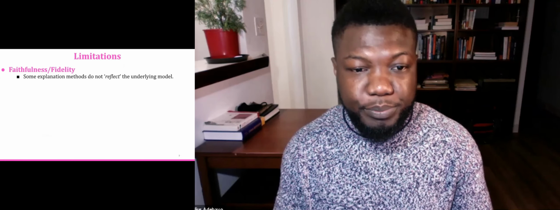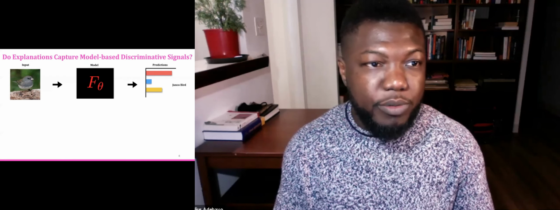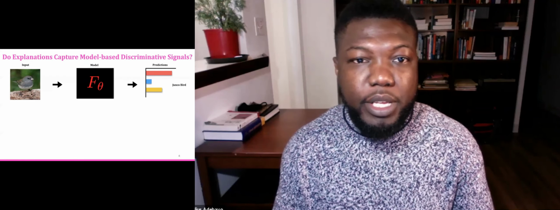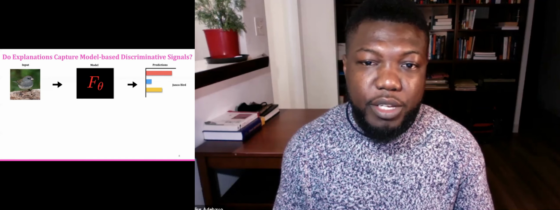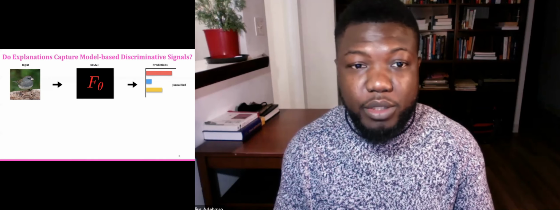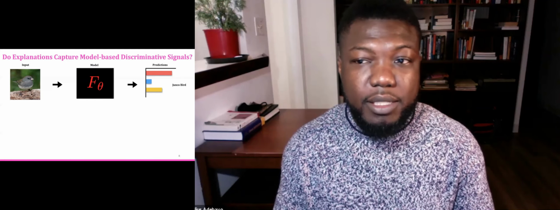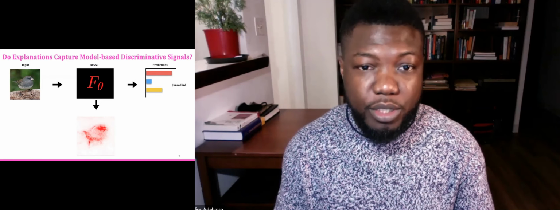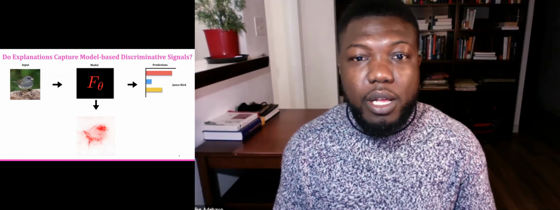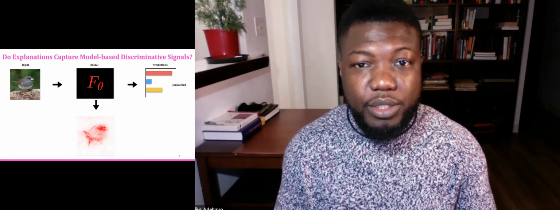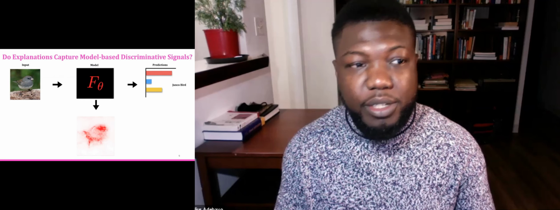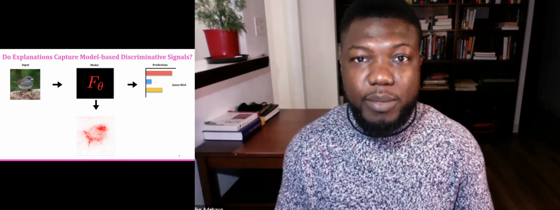So let's start with faithfulness and fidelity. Let's say we're given a model F theta here. You can think of this as an Inception V3 model trained on ImageNet, and it gives a prediction of Junco bird on this particular input. As we discussed before, we can compute a saliency map on this to explain the prediction Junco bird for this particular input.